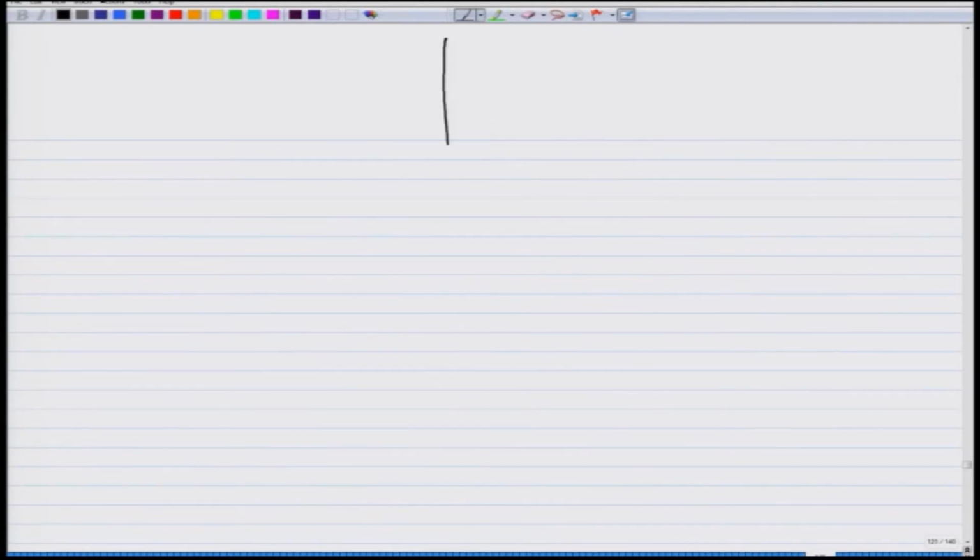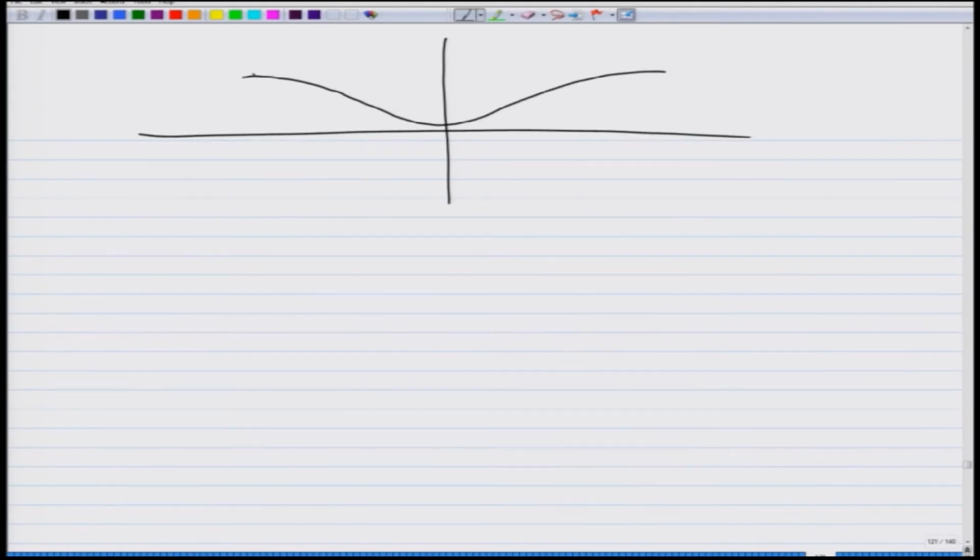So, suppose I have a band here. The maximum number of electrons it can accommodate is 2n, and if each atom gives 2 electrons, this whole band would be filled.